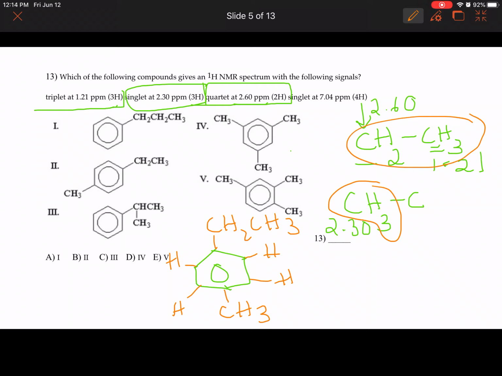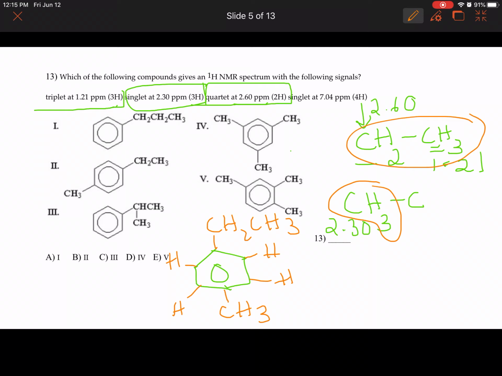Okay, so that tells us the structure of the molecule with the given data is going to be B. Okay, so why is it not 1? Because in 1 we have 3 hydrogens triplet, 2 hydrogens sextet, and another 2 hydrogen triplet.